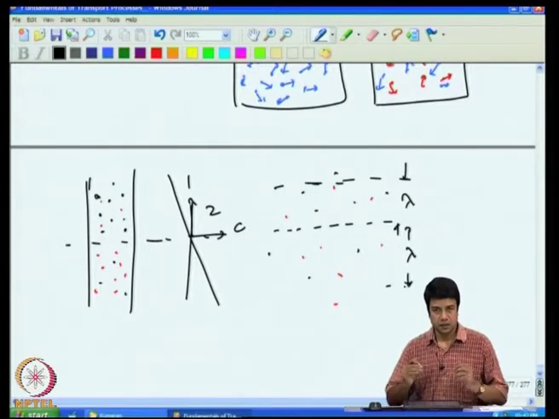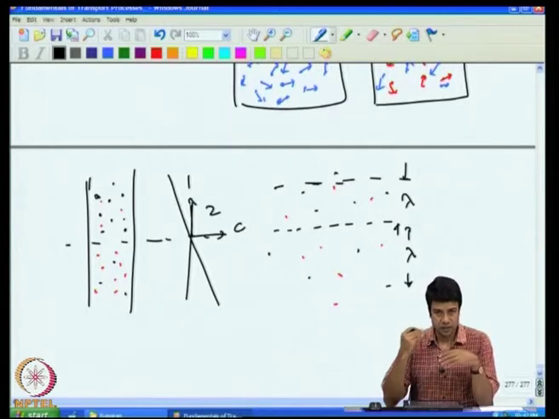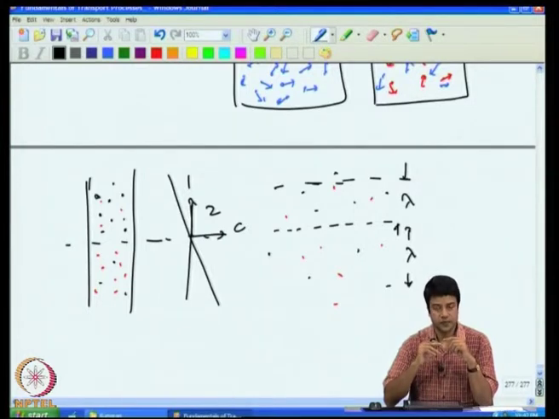Between locations one mean free path above and one mean free path below the surface, there is a difference in concentration. That difference in concentration is going to result in a net flux, mass transported per unit area per unit time.